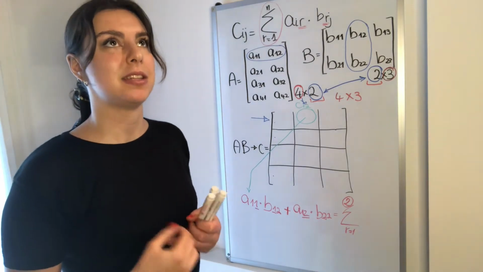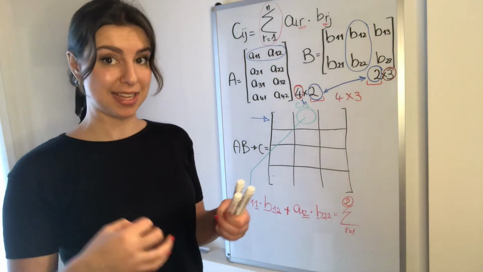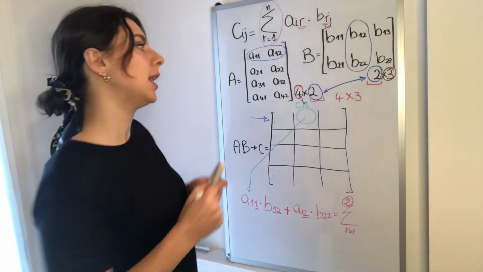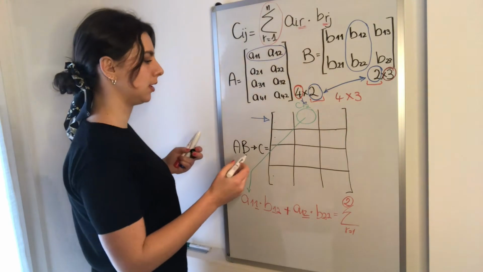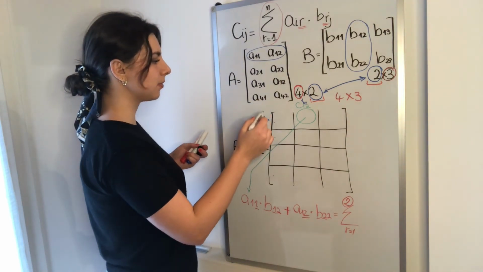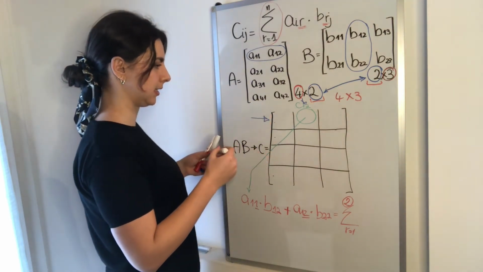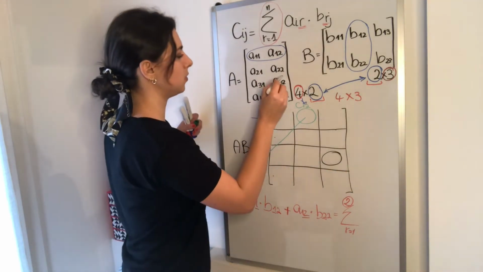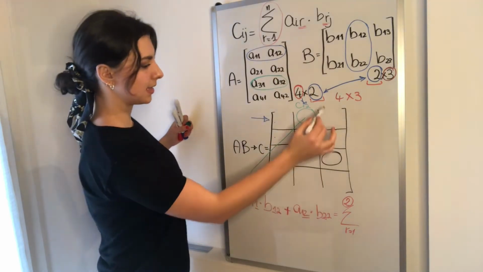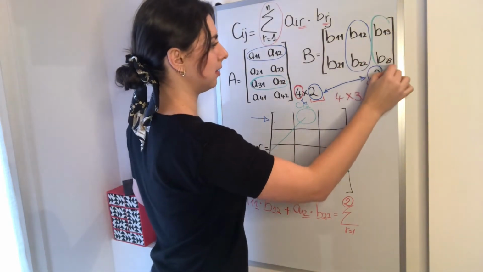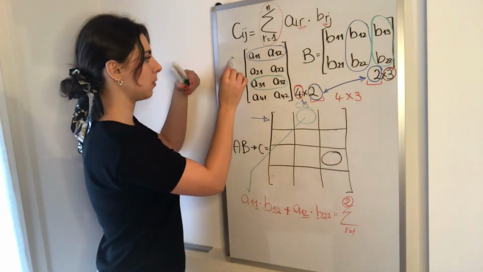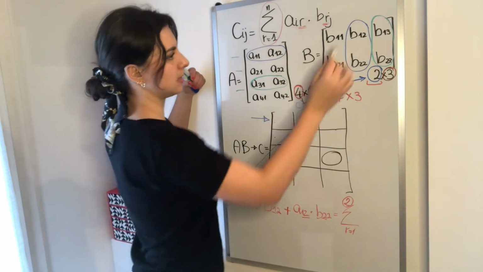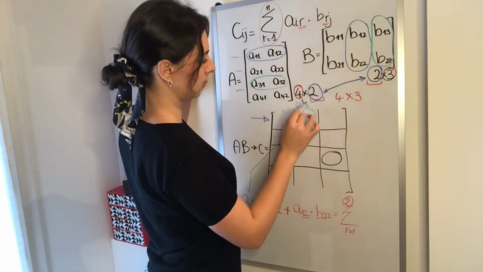I think that it sounds way more complicated than it is. I'd rather just visualize what I'm gonna do. For example, if I want to find this spot right here, I just know that I will use this row and this column of B. We are 1, 2, 3, and 1, 2, 3.